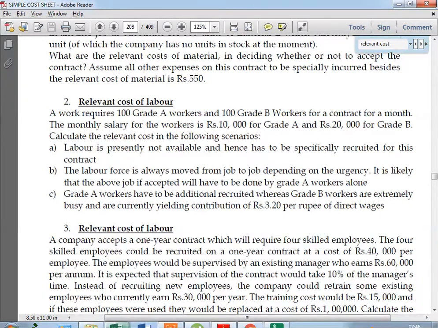Labor is currently not available, and hence has to be recruited for this contract.